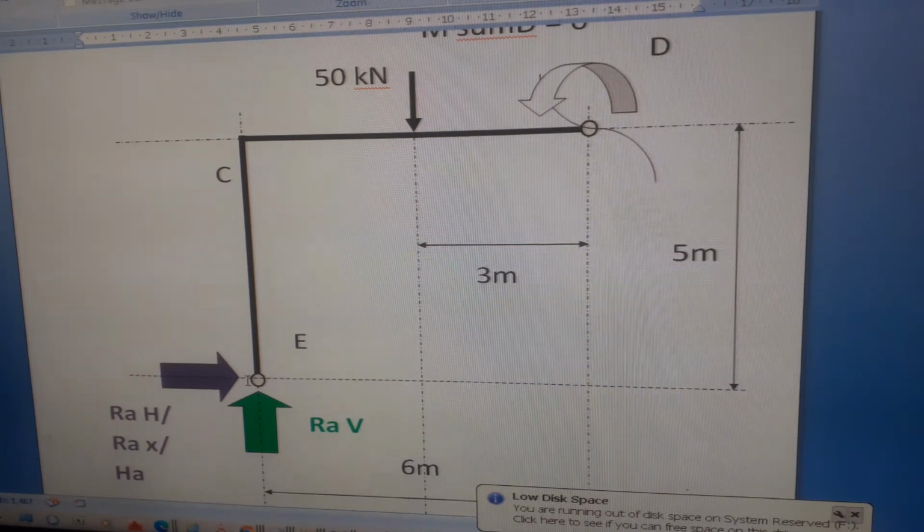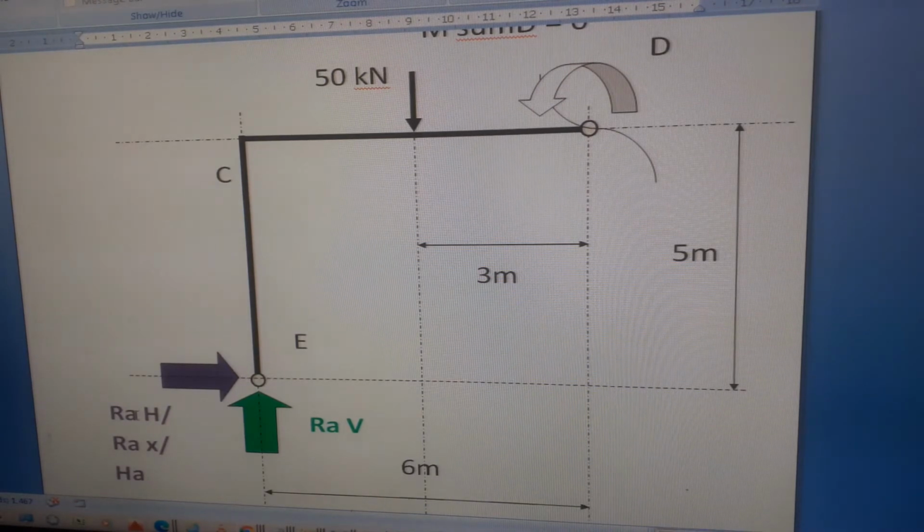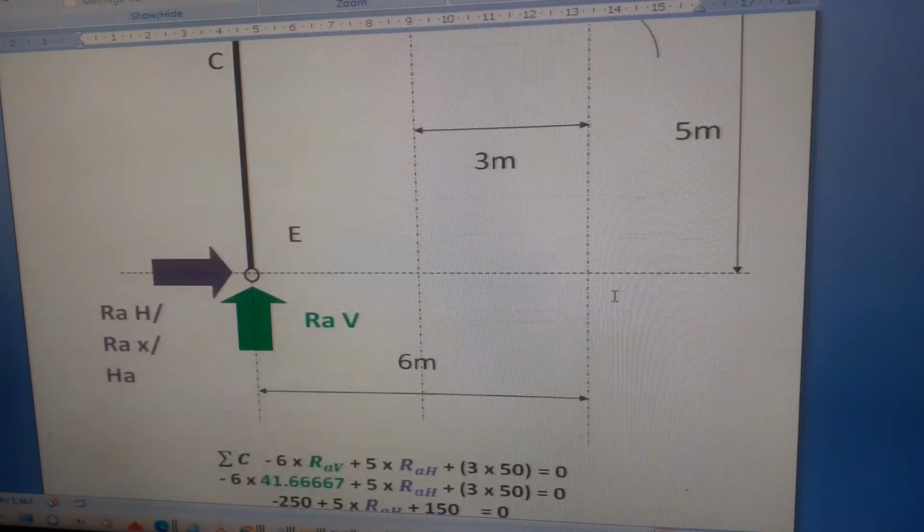RAH is multiplied by the height, which is 5 meters, and that's positive because it's anti-clockwise about D. RAV is clockwise about D, so that's negative: RAV times 6 meters. So the moments about D are plus 50 times 3 plus 5 times RAH minus RAV times 6 equals 0.